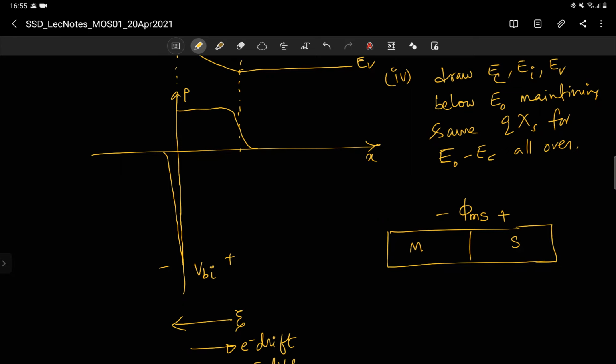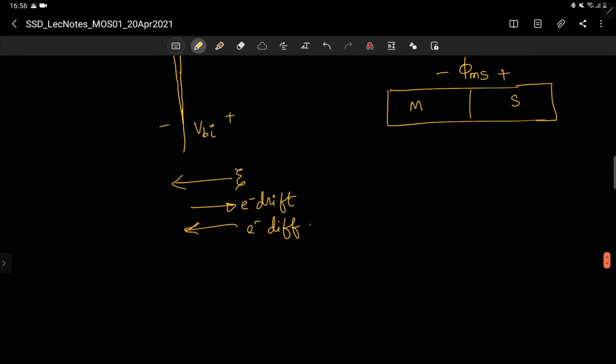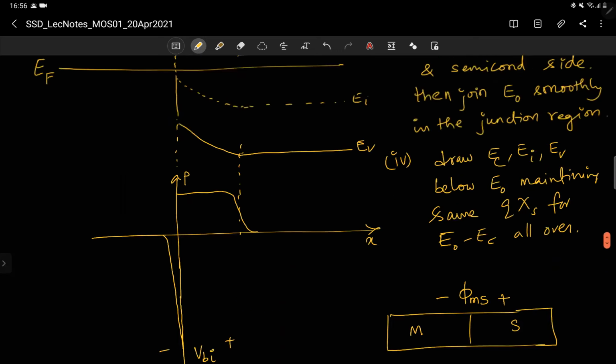The p side will have negative ions, so negative charge, so negative potential. So there you clearly know that the VBI value is VT ln (Na Nd / ni squared), and the direction you know: the n side is positive and the p side is negative. So similarly, in a metal semiconductor junction, put plus on the semiconductor side and negative on the metal side. So you remember this. You should put positive on the semiconductor side, negative on the metal side, and that potential difference can be seen as phi ms. So this is the picture you have for the metal semiconductor junction.